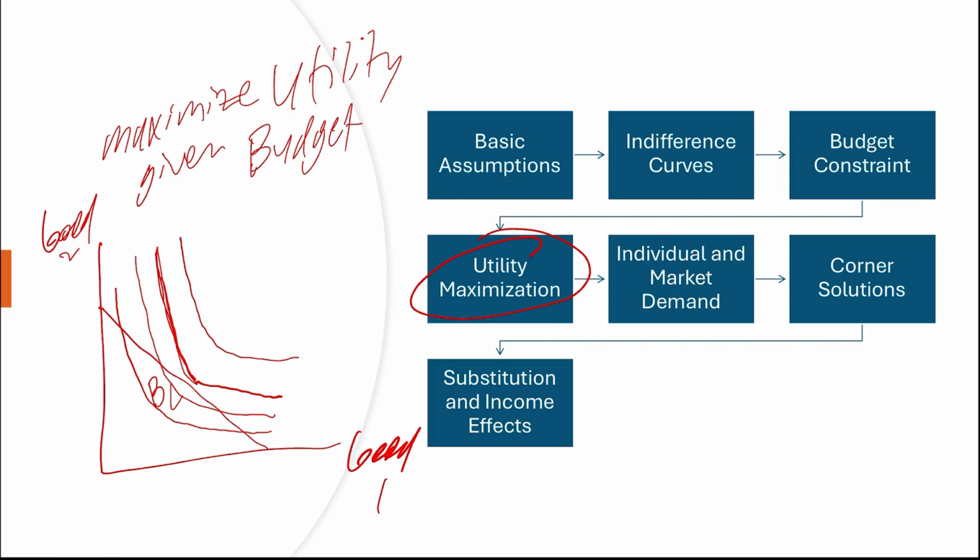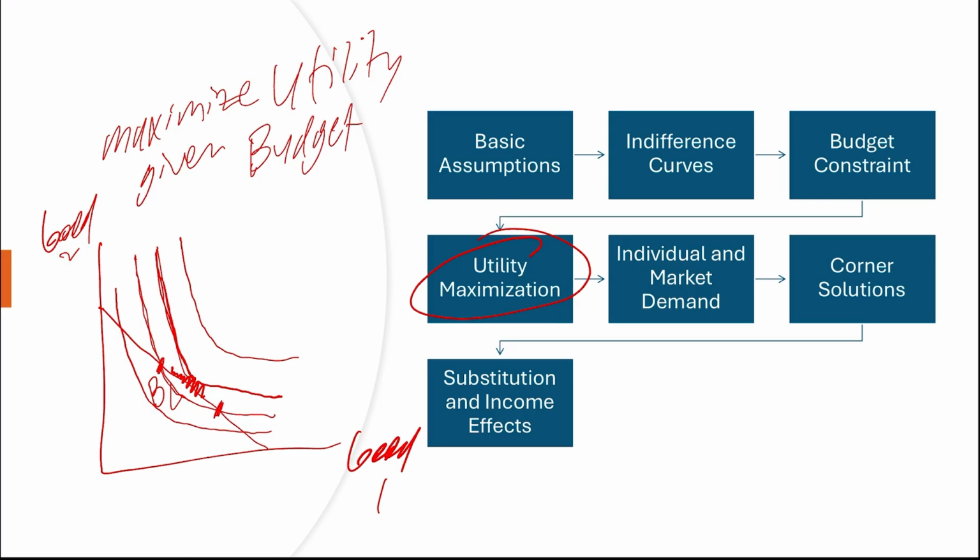So for example, this budget line here, we could afford this point or this point, but it's not going to maximize our utility because any point in the middle is going to be on a higher indifference curve.